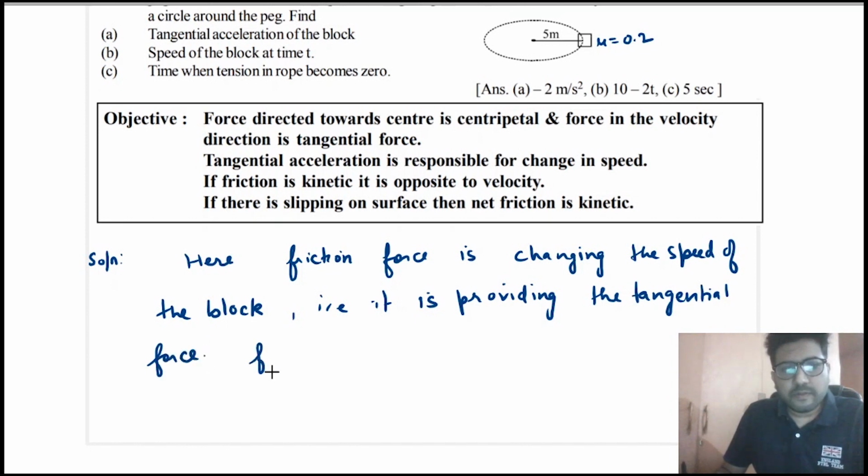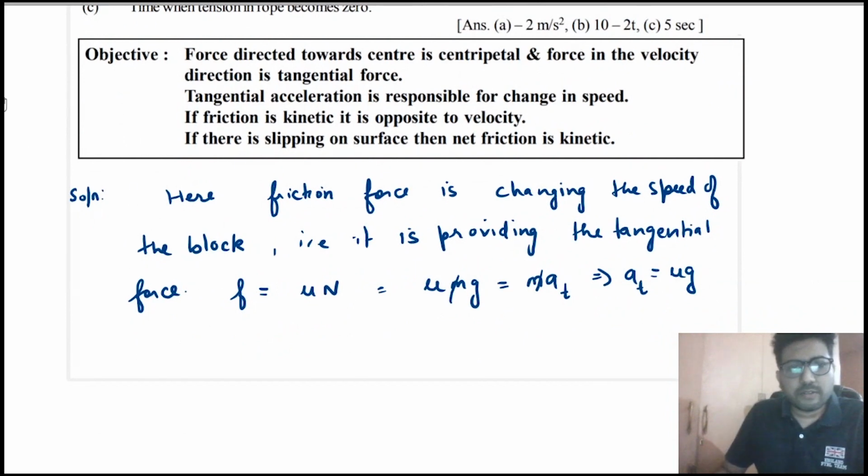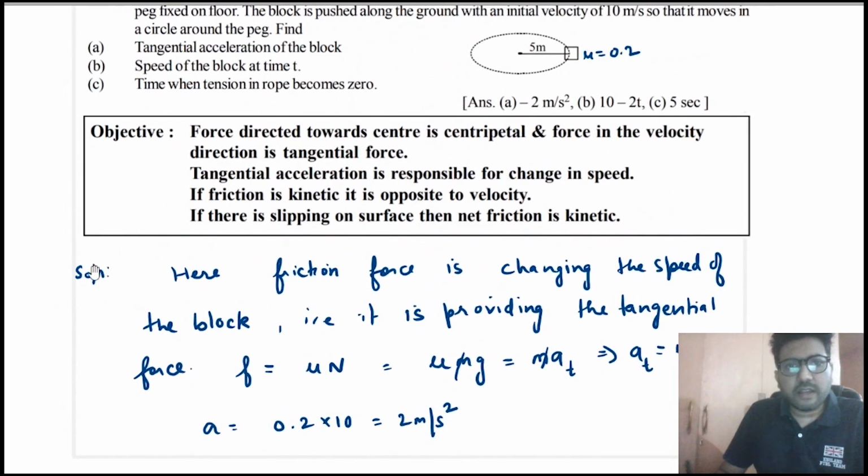So friction is equal to mu N, where N is equal to mg, N is balanced by mg, so you will say friction is equal to mu mg is equal to m a_t. M cancels. From this you will get the tangential acceleration is equal to mu g, and that is equal to 0.2 multiplied by 10, that is equal to 2 meter per second square. So this is the tangential acceleration of the block.